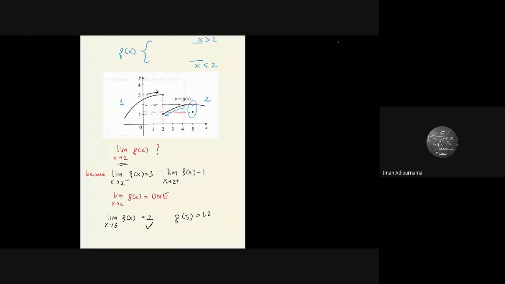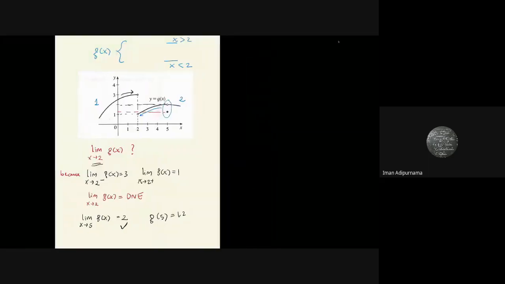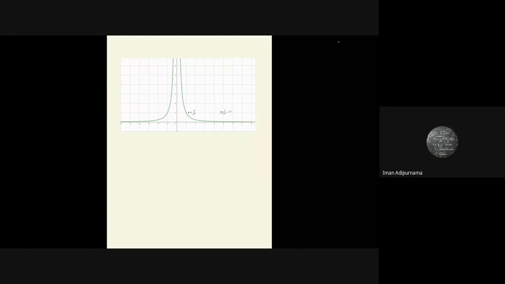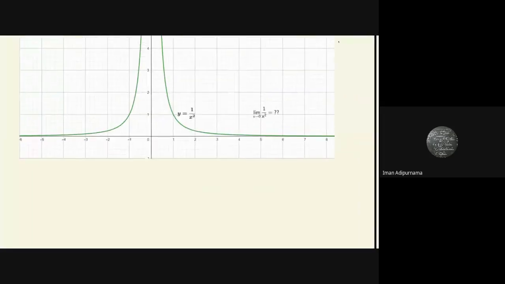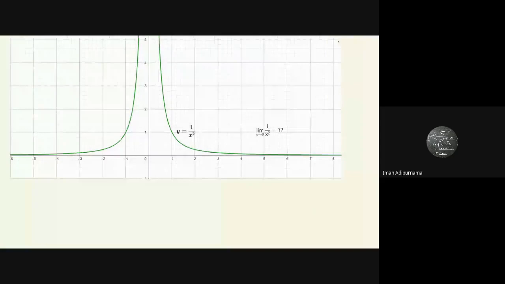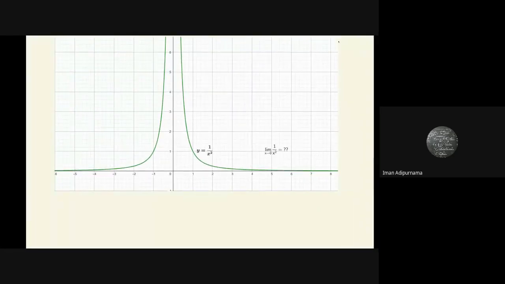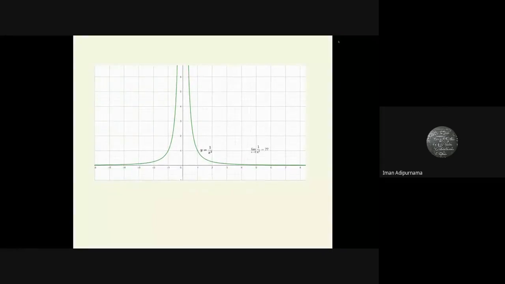That's for the one side limit. Okay, next page. I think I will go directly here. So if you see here, this is 1 over x squared. You see at 0, it's getting higher and higher.